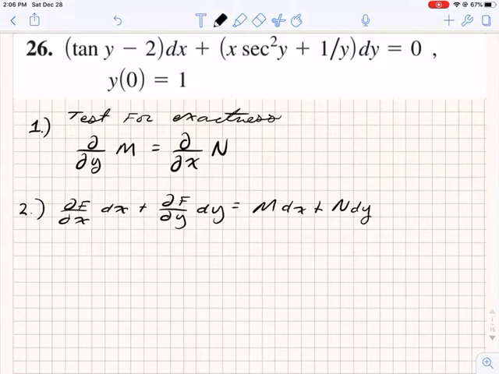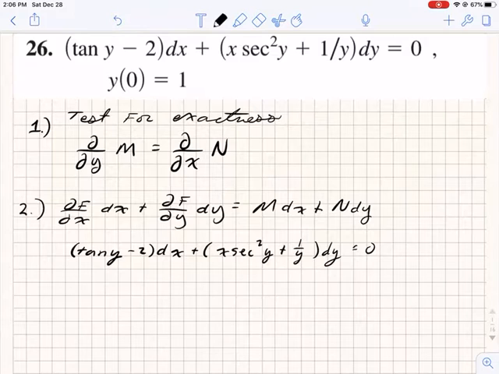So let's rewrite this equation as (tan y minus 2) dx plus (x secant square y plus 1 over y) dy is equal to 0.